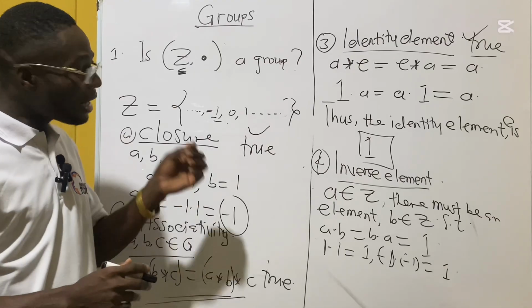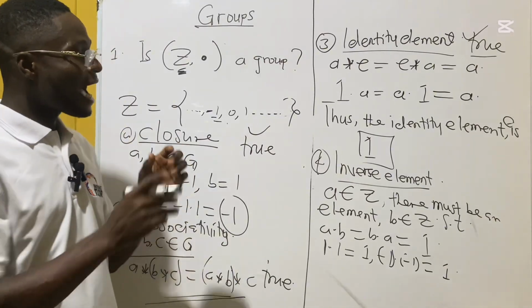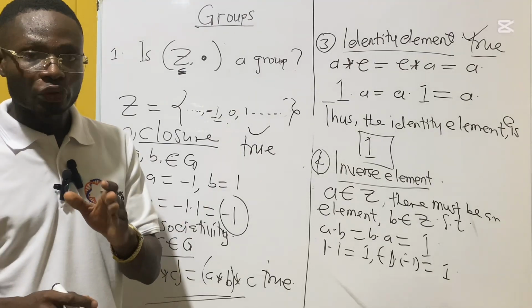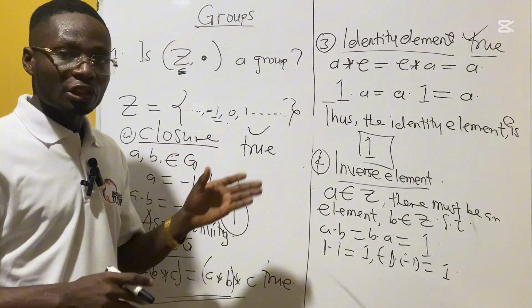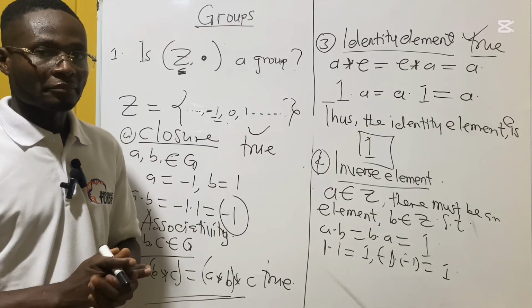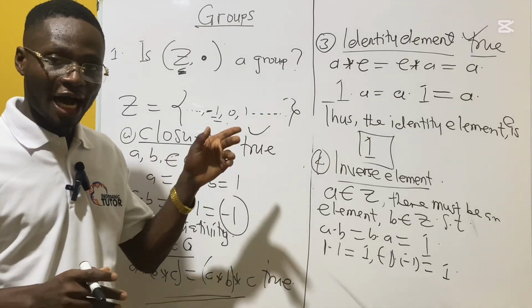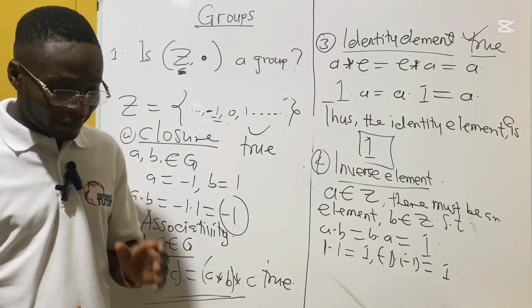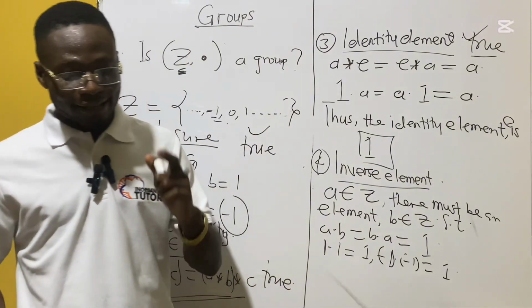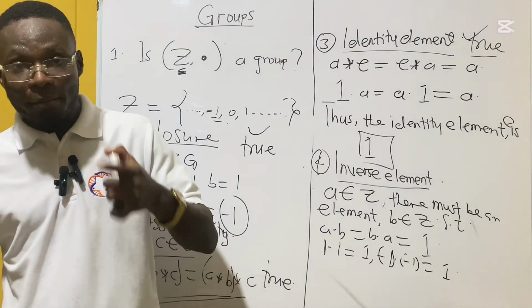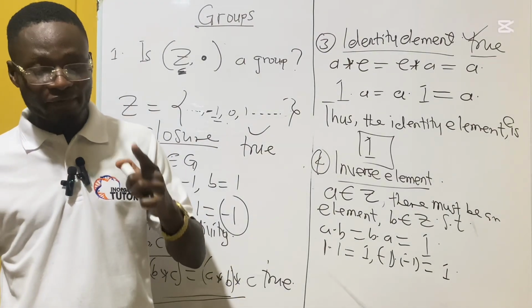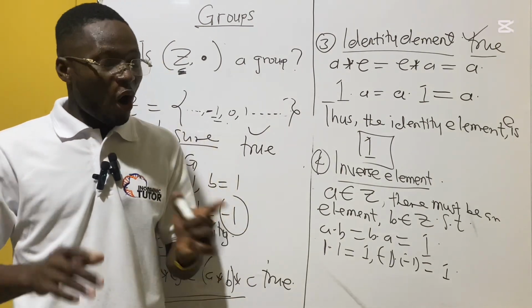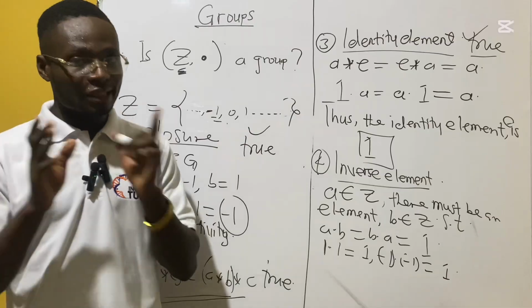But when you take other elements, for instance A to be 2 and B to be, let's say, 3, you will not have your result to be 1. So we can see that the only integers that have an integer multiplicative inverse are 1 and negative 1. All other integers will not satisfy.